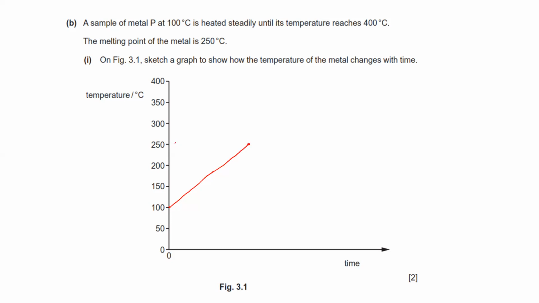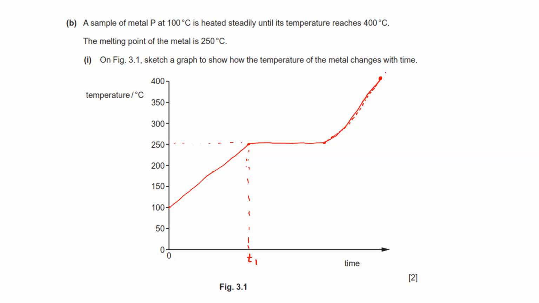Okay. Say, for example, this has been done in time t1. Then it stays at this point. The melting point is this, and it stays there for some time till it gets its latent heat of fusion, and then it again rises from this point till it reaches 400 degrees centigrade.